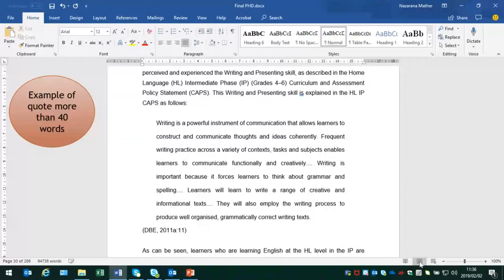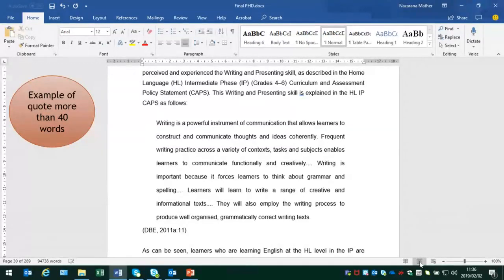Now, I told you not to worry about the little a for now. The reason I have that little a is because I used more than one source that the Department of Basic Education created in 2011. So maybe you might want to use two sources. Both have exactly the same author, and both were created in the same year.